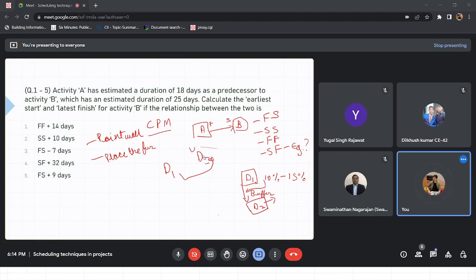So coming to one more point here, start to finish relationships. How do start to finish relationships look? Let's suppose there are two activities, activity A and activity B. Activity B can finish only when activity A starts.